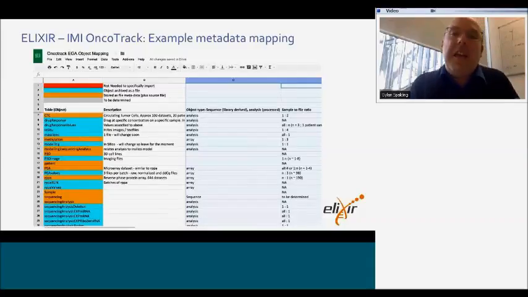This is another cost on pulling data into the EGA, because this has to be done by humans. There's no way of automating this, because when you start to submit data to the EGA, existing projects will not have mapped their data to the EGA metadata model.